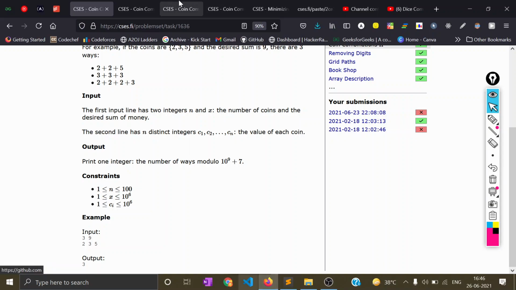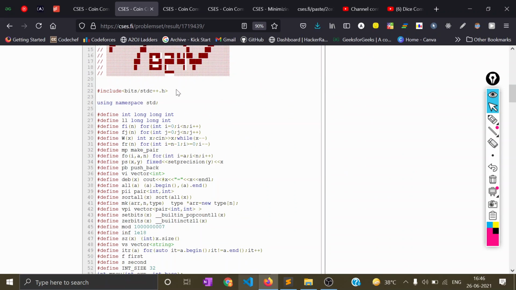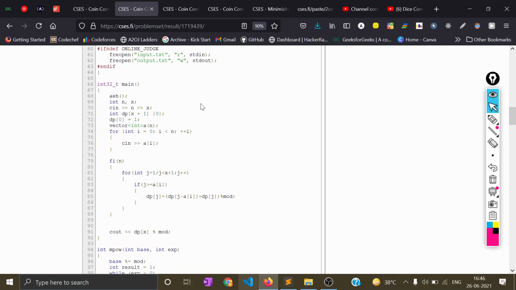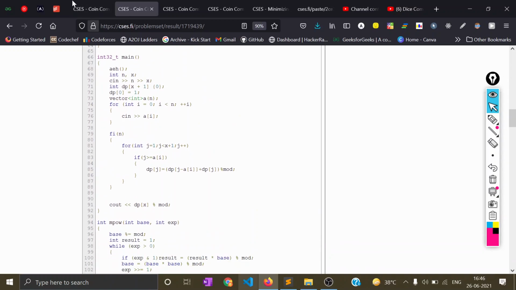The code is pretty much exactly the same. It's just these two loops. For those who haven't watched the coin combination one, I would just discuss the code. I create a DP array of size x, and then I iterate from i equal to 0 to n.